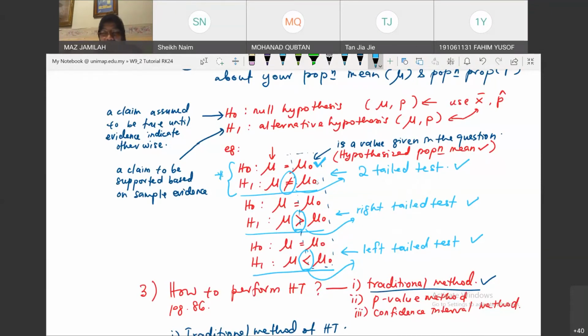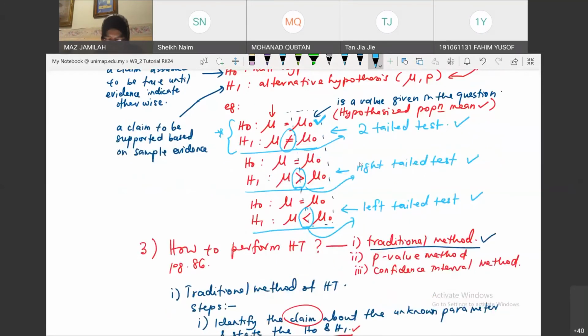If you are being asked, for example, let's say the question is, is there sufficient evidence to reject the claim that the mean of yearly expenses is greater than 1,500, then your statement of H0 and H1 will correspond. So greater than RM 1,500. So this will be the statement.